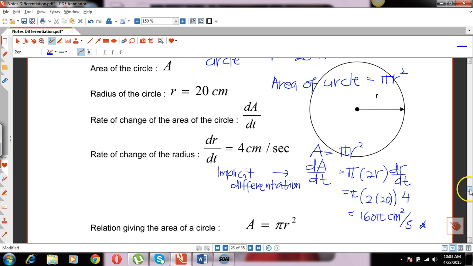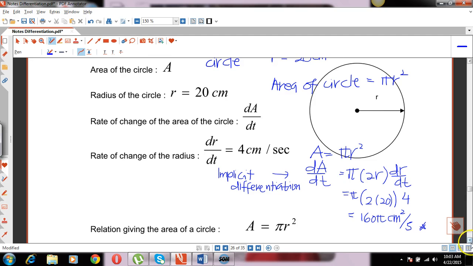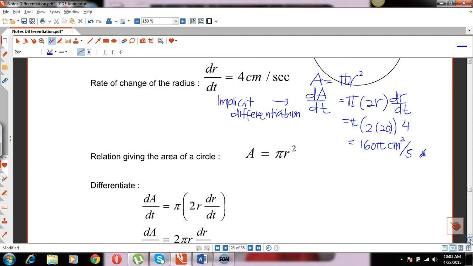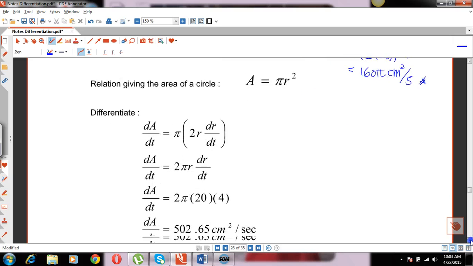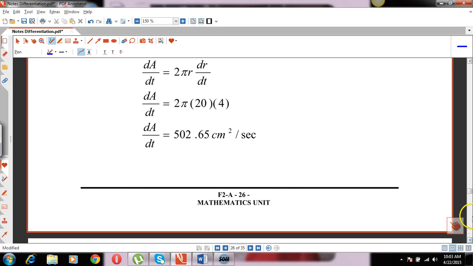Alright, so look at the equation here, the solution given from the notes. You can refer to this or you can refer to my solution. So this is related rates.